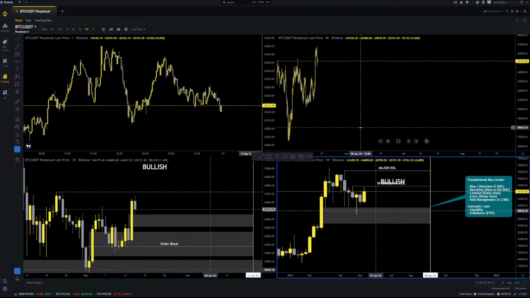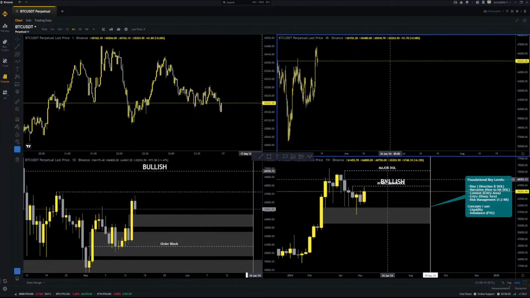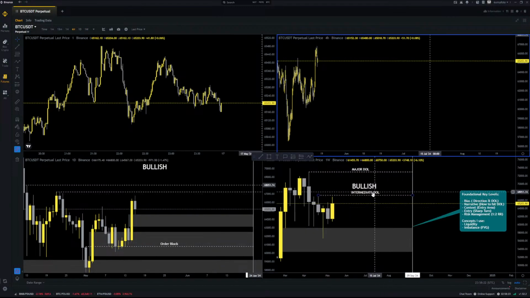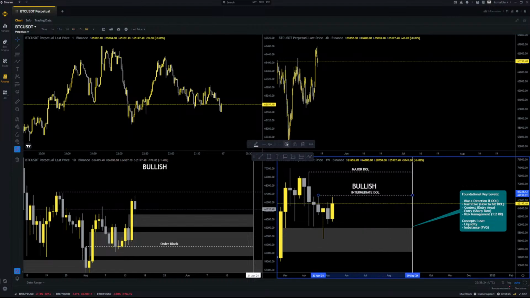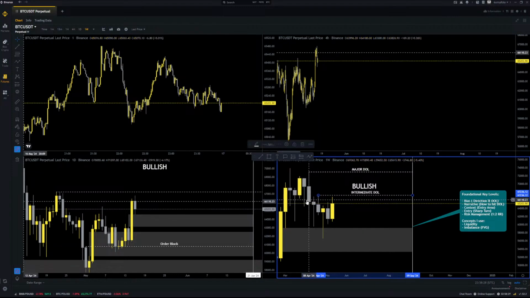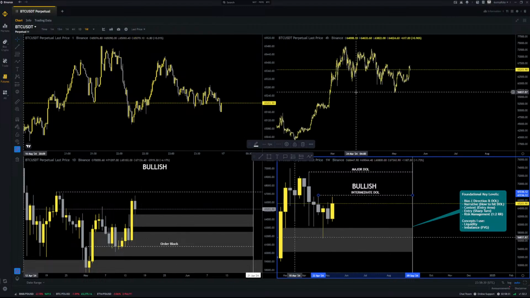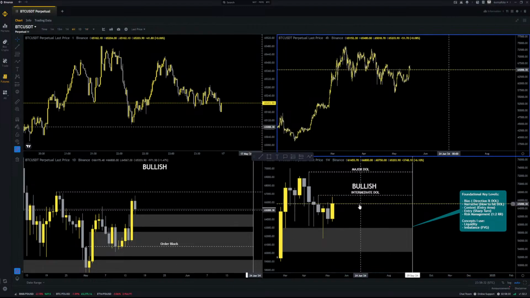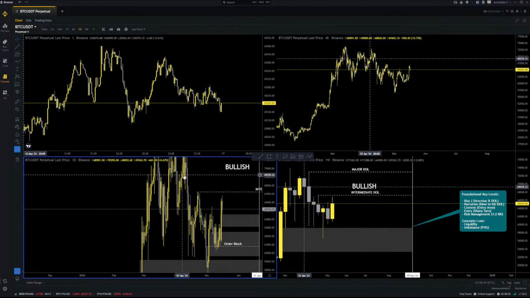This is kind of weird though. I don't know what's happening on the chart. Let me try and do this. It's obvious we must see that on the chart though. Wow, that's pretty amazing.